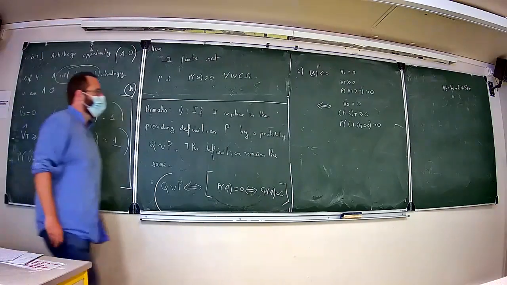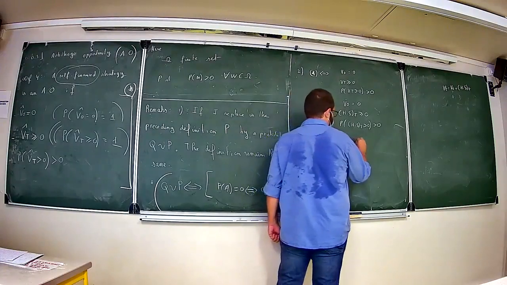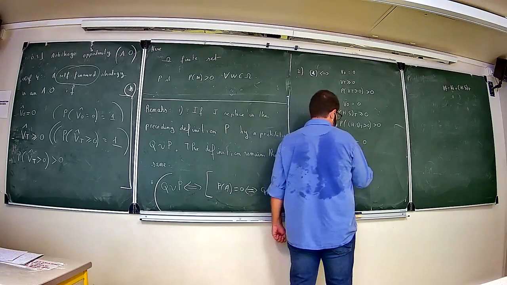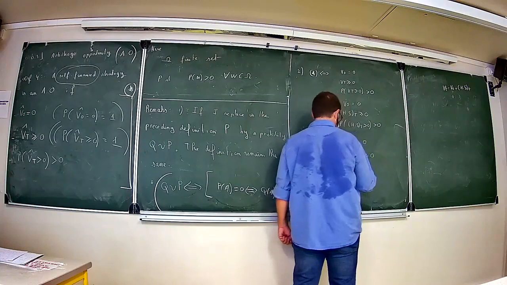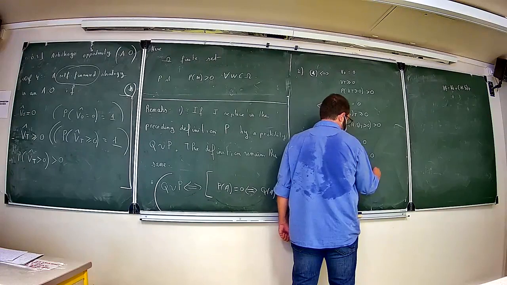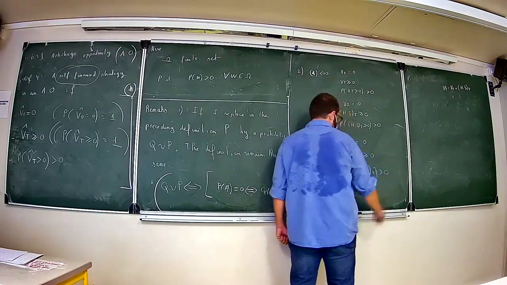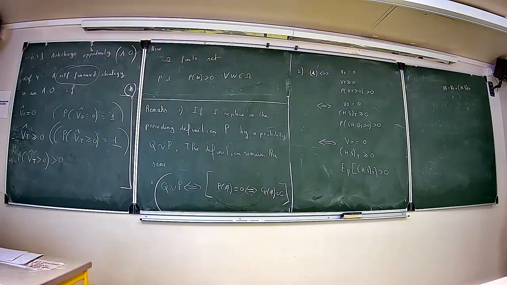The last one: V0 is equal to 0, H S capital T positive, expectation under P of H S capital T strictly positive. Why do I have the last equivalence?